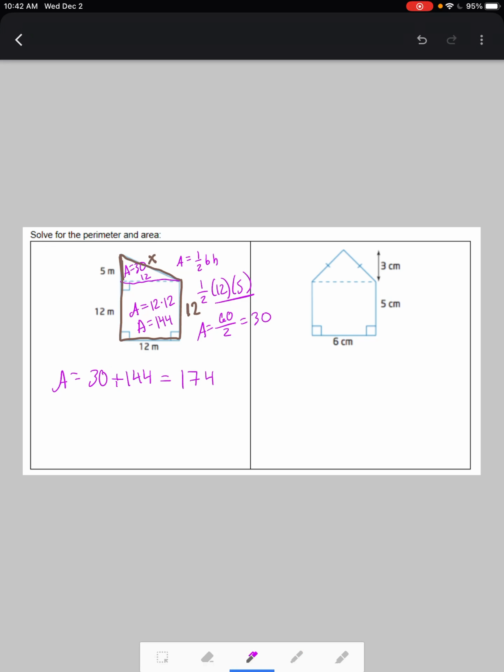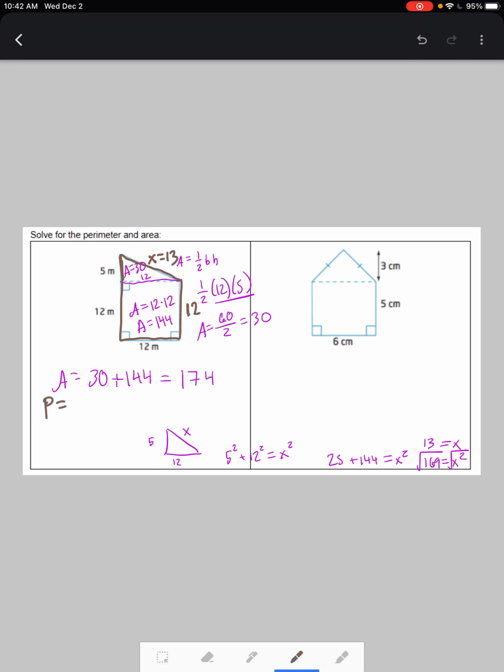So a little bit of extra work here: x, 5, and 12. So 5 squared plus 12 squared equals x squared. So 25 plus 144 equals x squared, or 169 equals x squared. Square root both of those, x just equals 13. That's a Pythagorean triple, 5, 12, 13. So now we know that x equals 13.